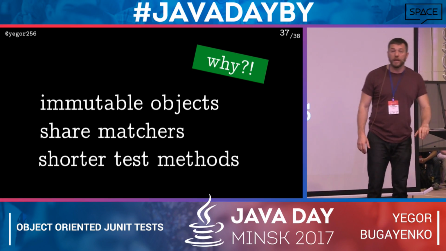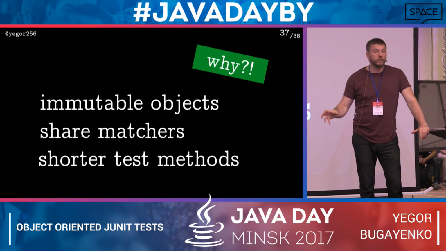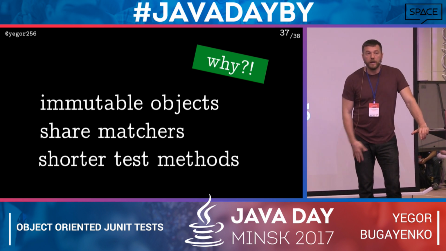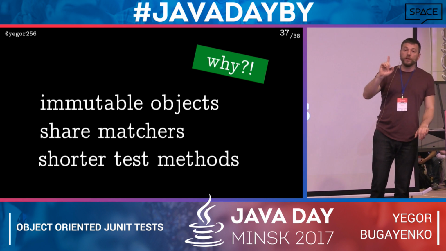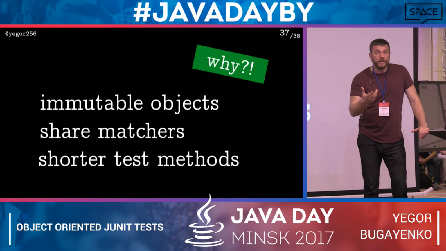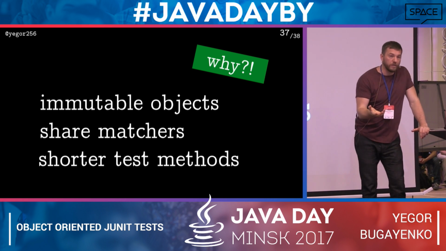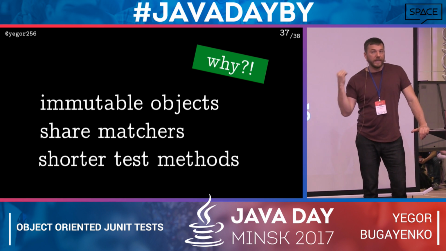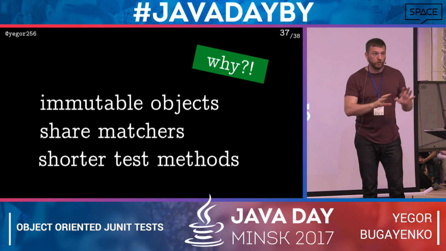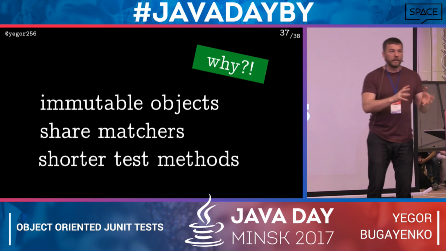And of course, the last thing I wanted to say is that you will be able to share those matchers. Matchers are objects which are shareable. You can use them in many places and many tests. And one last point is that I think a good Java library, providing classes and interfaces, has to provide matchers together with them. In our case, in this Cactoos library, we provide a number of objects which you can use to read a file, write a file, convert text, sort an array, that kind of thing.